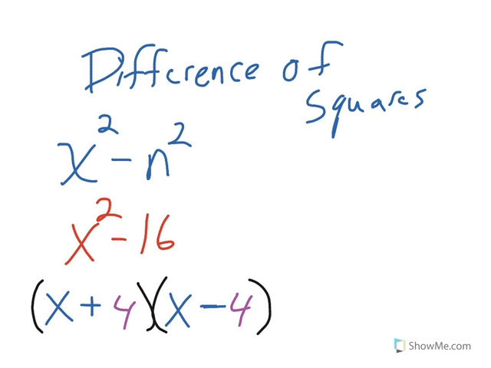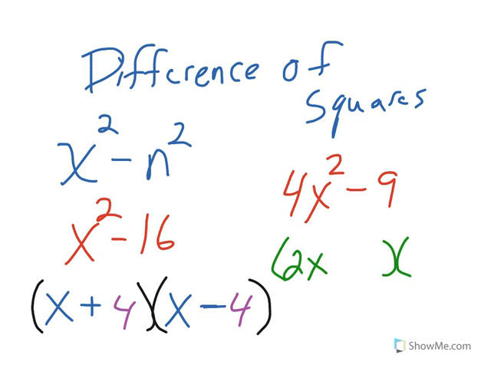And yes, it can get a little trickier. So if I had 4x squared minus 9, okay, now instead of being x, it is now 2x, and then 3 and 3. One's positive, one's negative. So that's all we're doing. Difference of squares. So I'm going to pick one. I want you to do it.